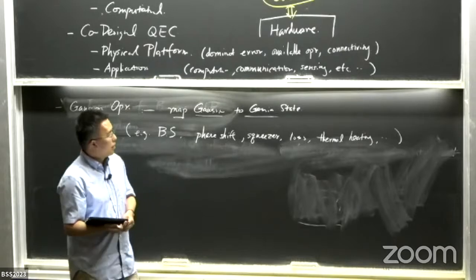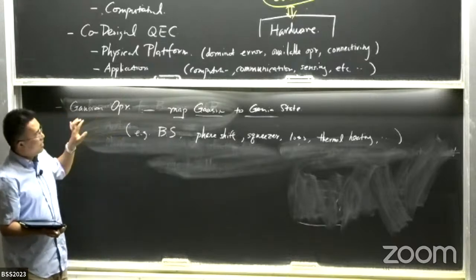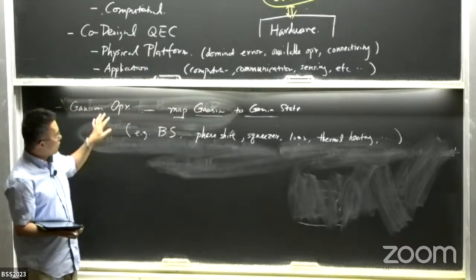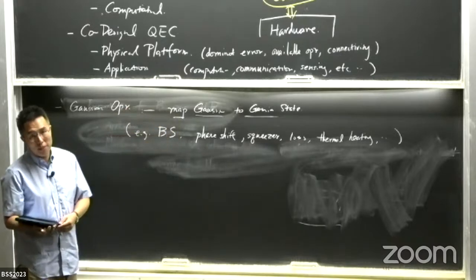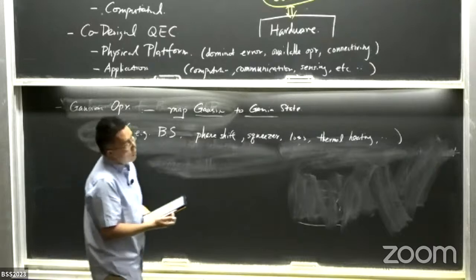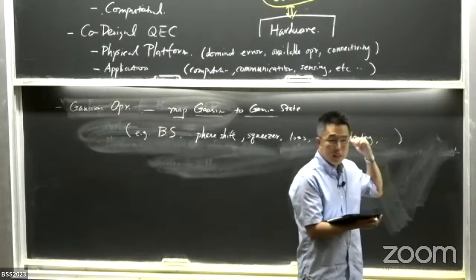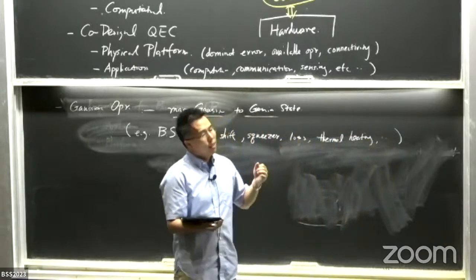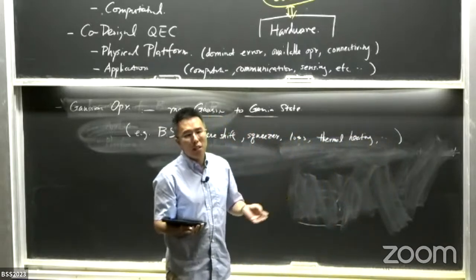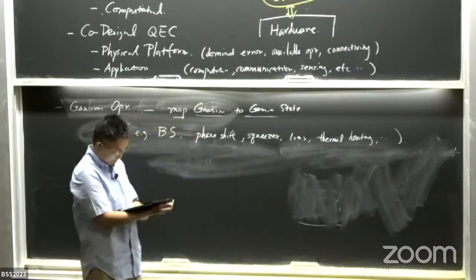This is also the reason why a Gaussian operation on Gaussian states is relatively easy to simulate. All you need to track is how the center and the variance change under the operation, which is some matrix operations of order n or n squared, so you can do it very efficiently.